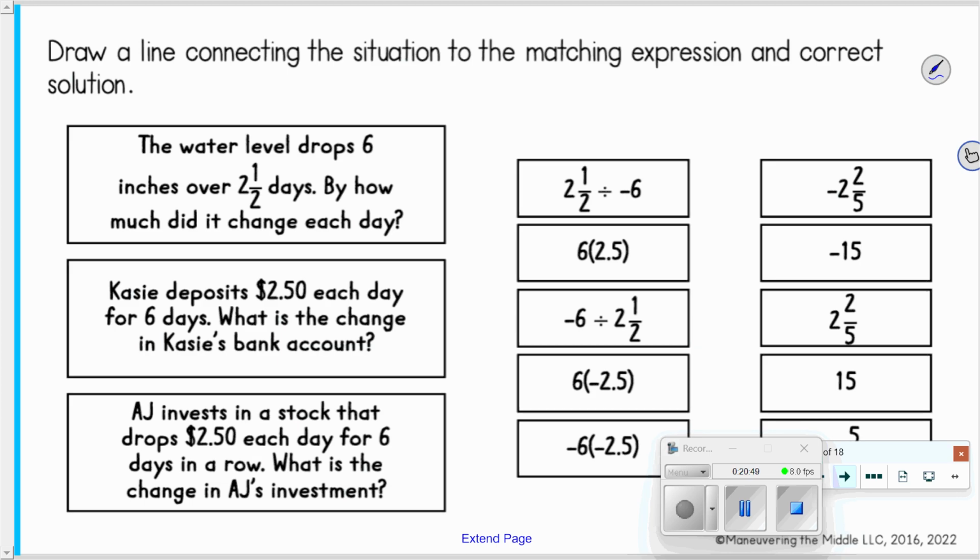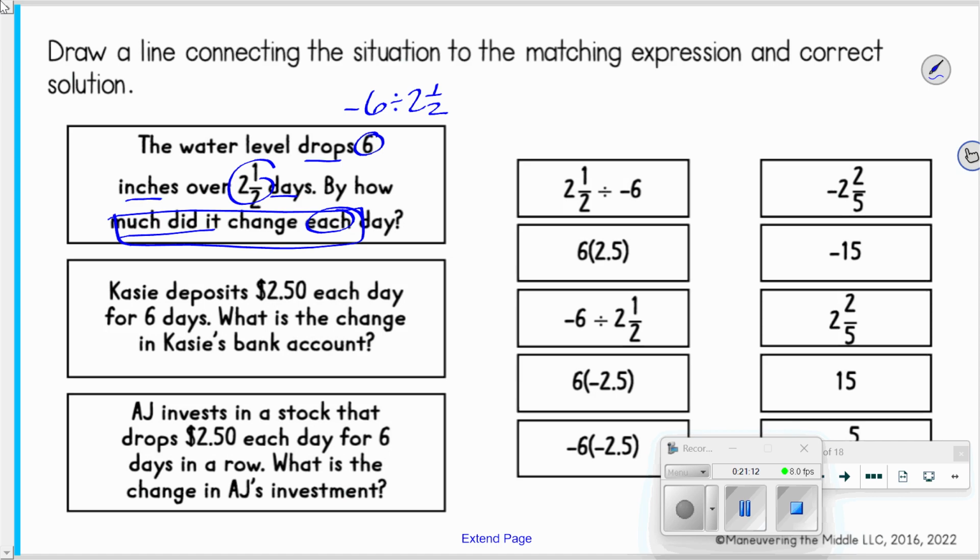Here's the one I thought we were at. The way I would do it, I would read the problem and model it first, because that's going to help you understand what it looks like. It dropped 6 inches over 2.5 days. By how much did it change each day? So when I'm looking at something like this and it's going down each, that's telling me it's a division. So a negative 6 divided by the 2.5 days.